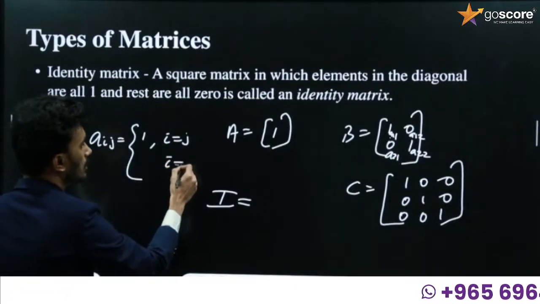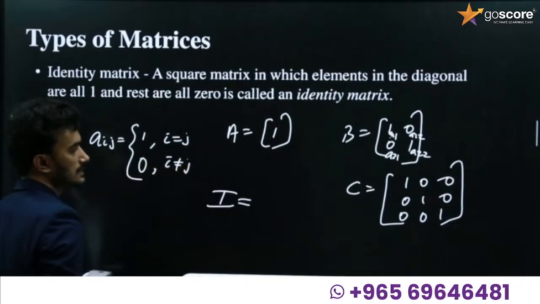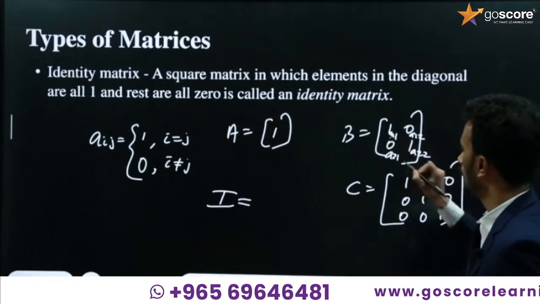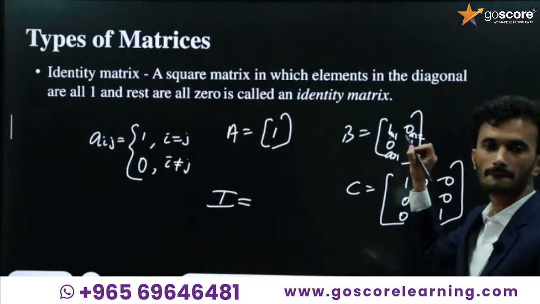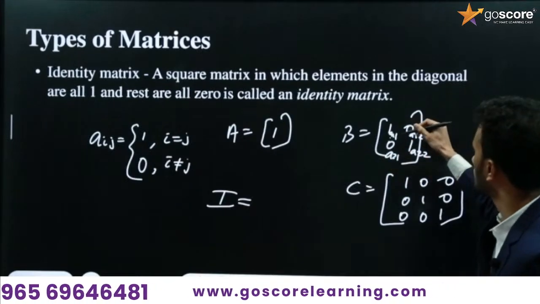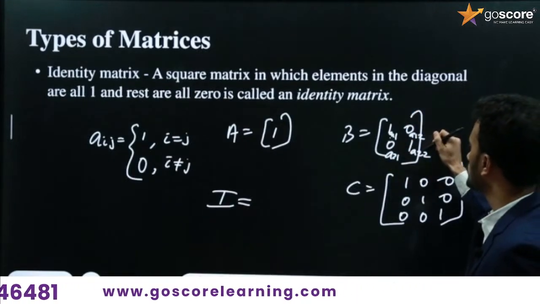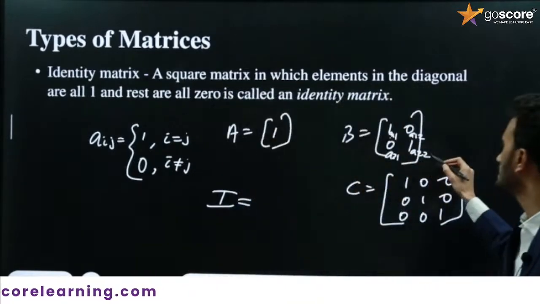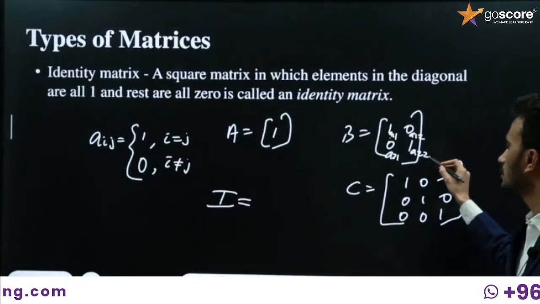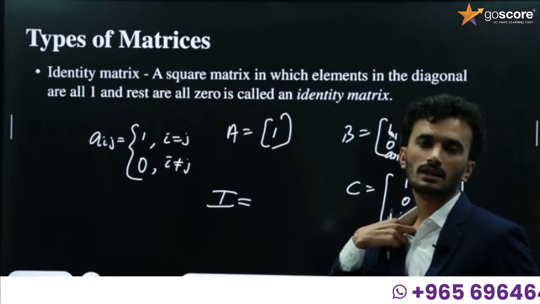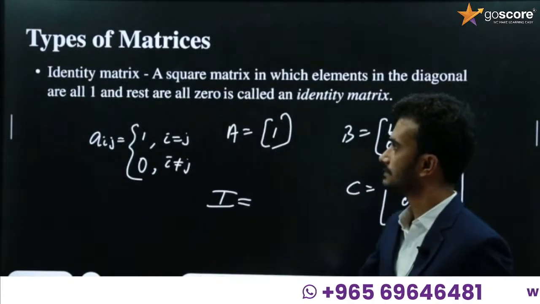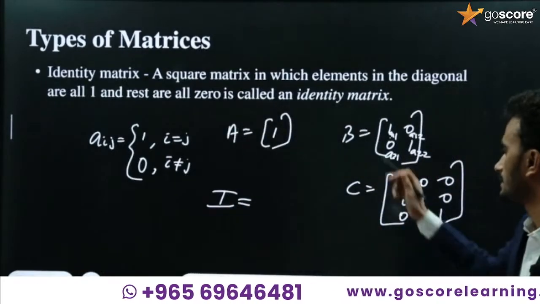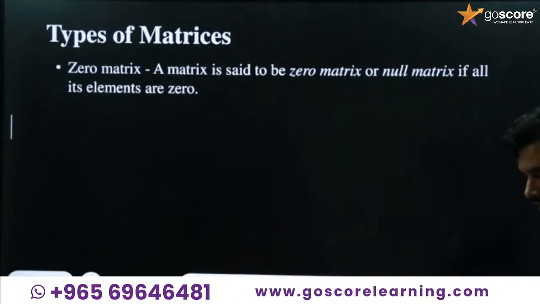If i not equal to j, it is 0. Here i is 1 and j is 2, it is 0. Here i is 2 and j is 1, again 0. Here i is 1 and j is 1, and i is 2 and j is 2, the value is 1. This is called an identity matrix. This is the mathematical representation of an identity matrix.